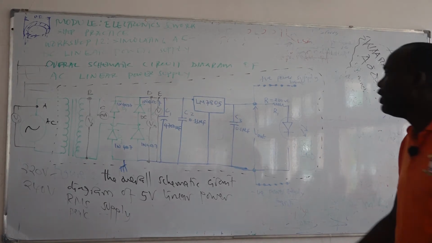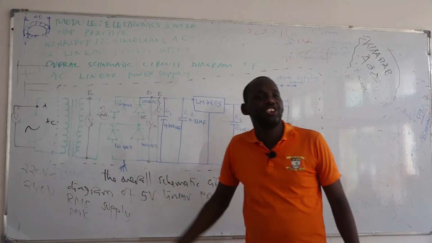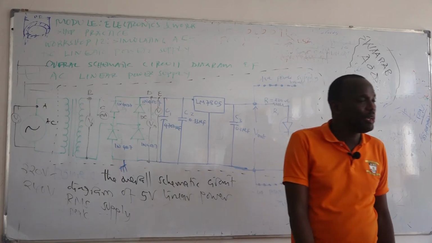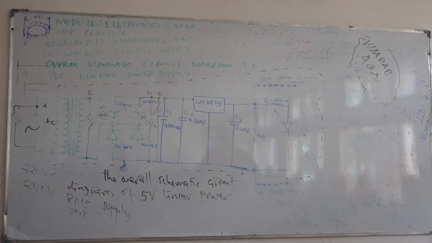So that's why at this point, we are going to have two important points. One point, we have to measure the DC, which has been rectified by the rectifier. And then another point, we have to measure the AC components which the rectifier failed to change from AC into DC. Are we together?